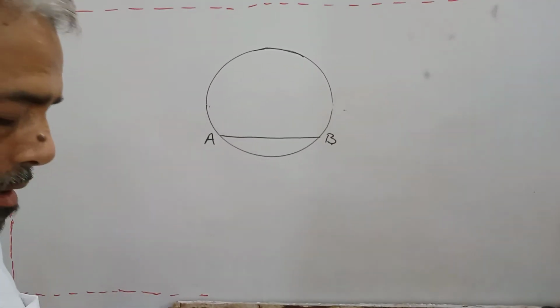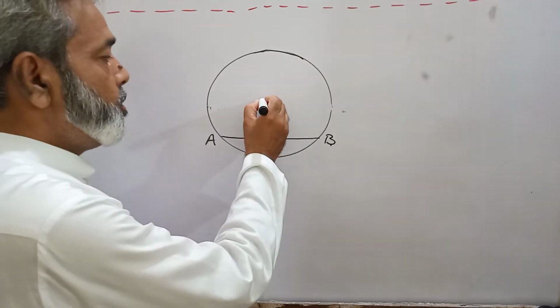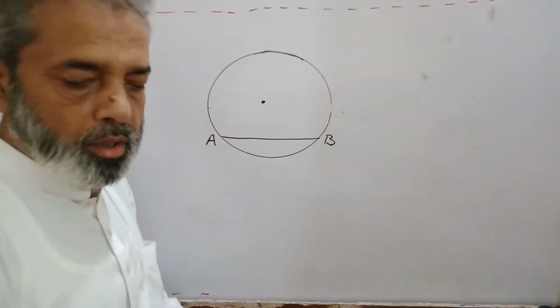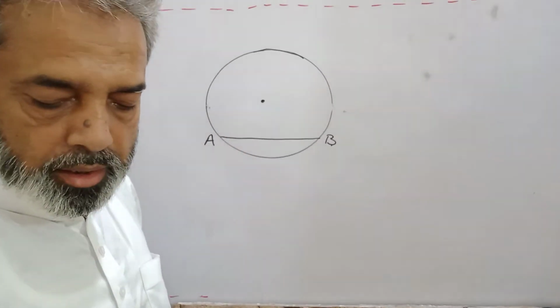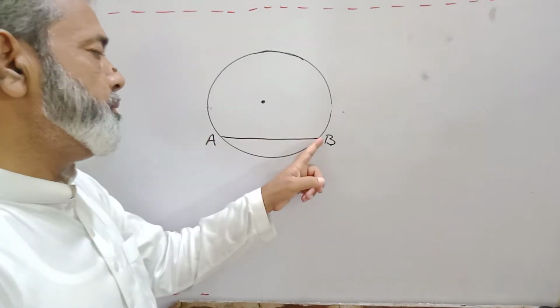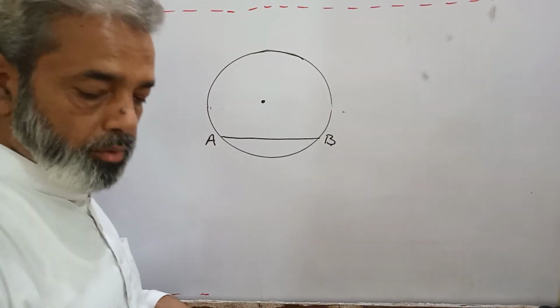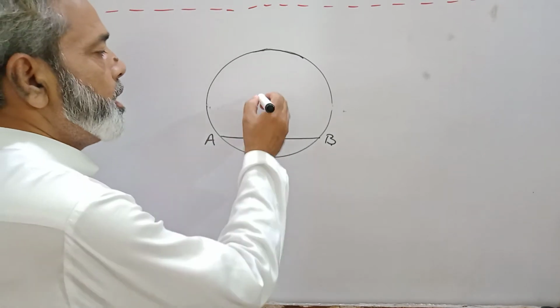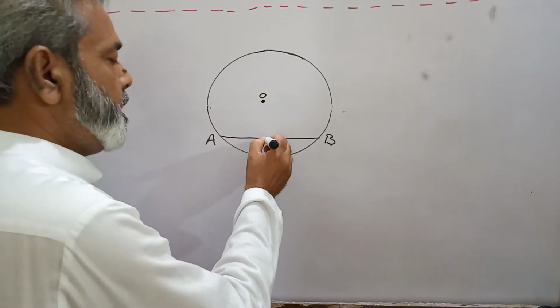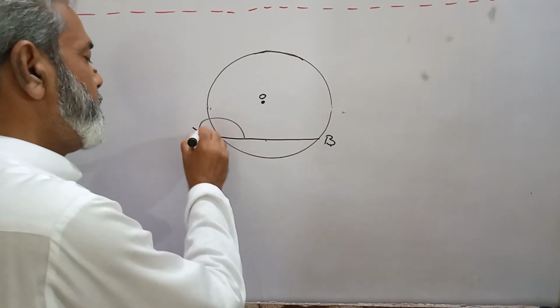The definition of a chord is the line joining two points on the circumference without passing through the center.